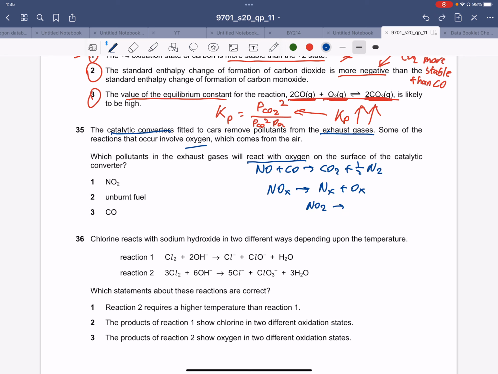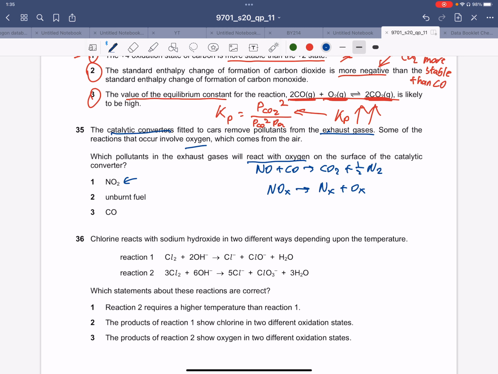NO2 would decompose to 1/2 N2 plus O2, like that. But that's just an example. Point is, nitrogen oxide will split up into Nx plus Ox. So that is one you need to know, but again, that doesn't react with oxygen, so you don't really need to know that. But in the same case, that also means that NO2 probably won't react with anything. But let me just show you the other two before I move on.